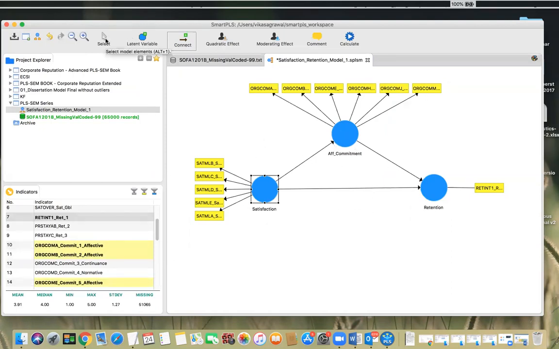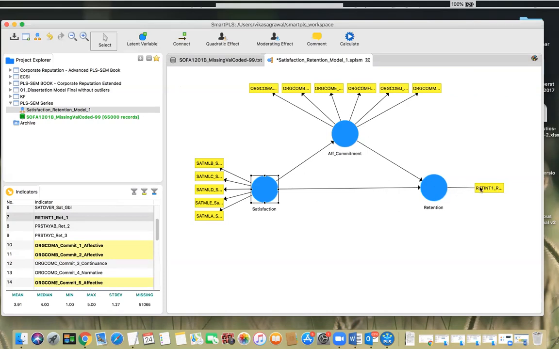So now you have this very small model. We have 2 constructs here, satisfaction and effective commitment, and the third one, retention. Retention is a single item construct. It doesn't have an arrowhead here because when you have a single item construct, it doesn't matter whether it's reflective or formative, it's the same, because the weight, or the loading, is always 1.